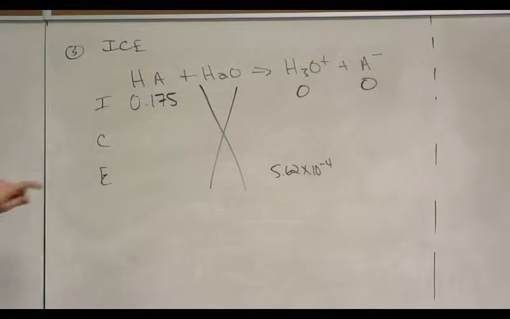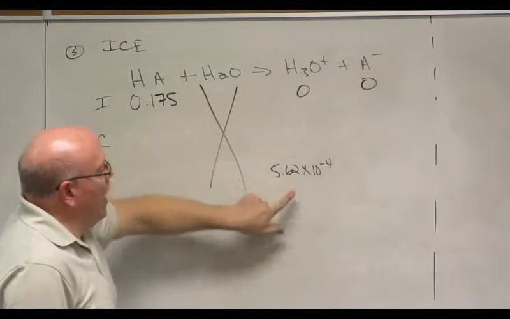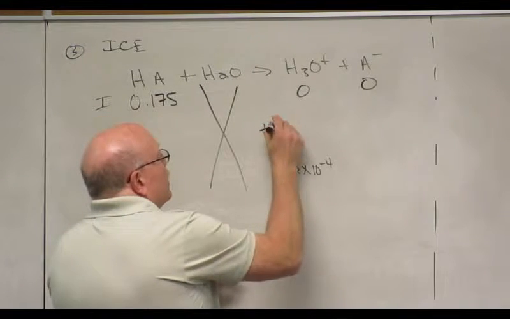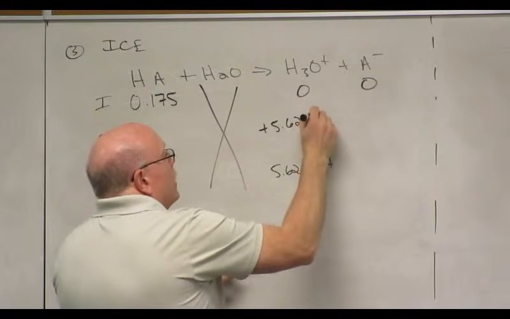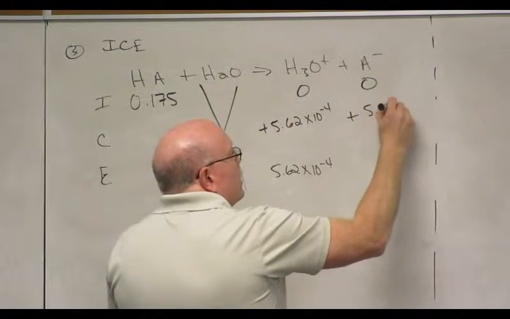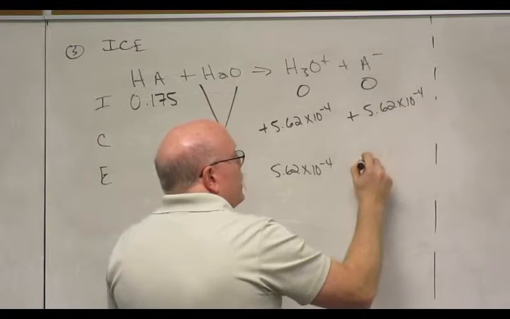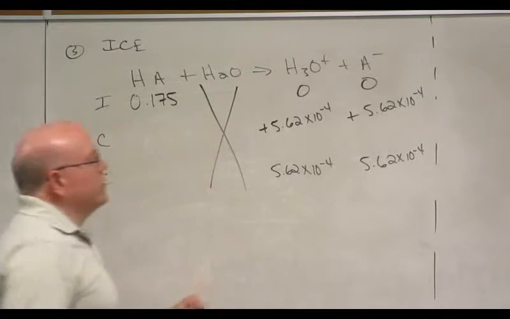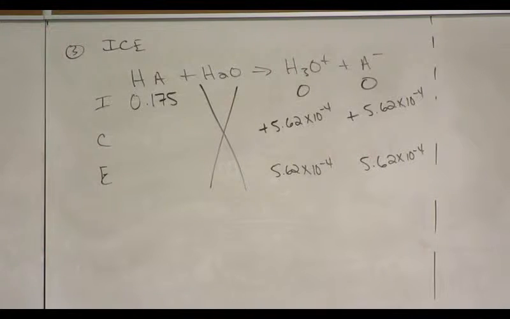If there was none of this here, and now we have this amount, this side has to be plus 5.62 times 10 to the minus 4th. Same change for this one. Same concentration for this one. The only one we have to do any calculating with is the HA. We know how much we started with.